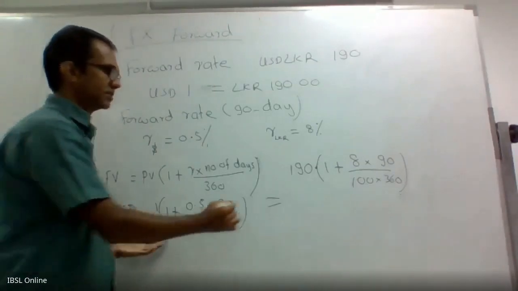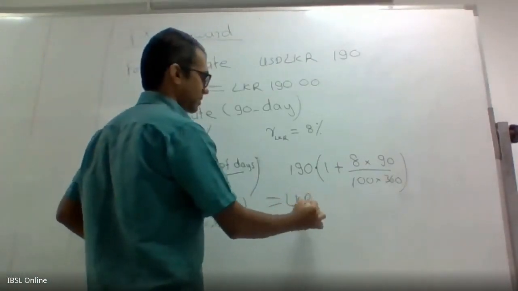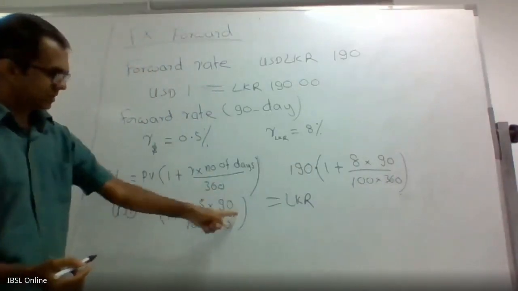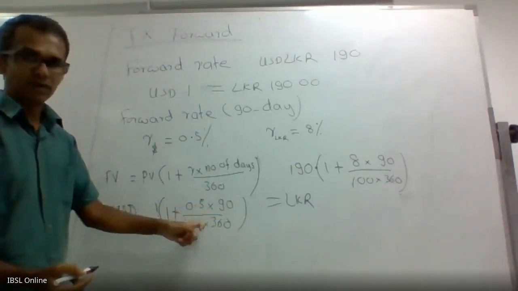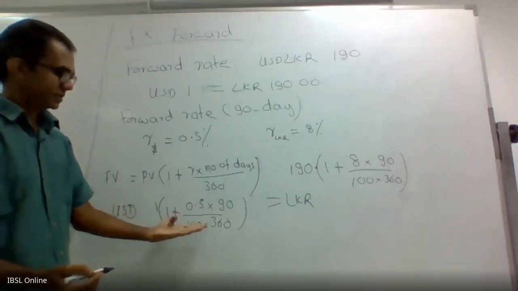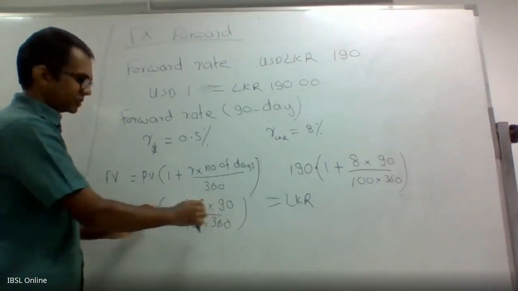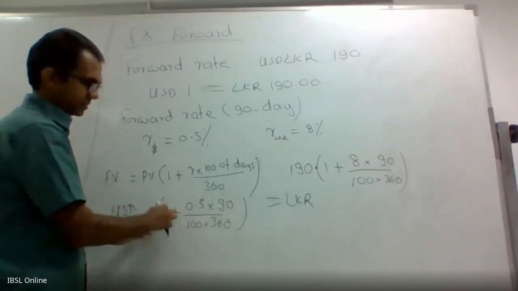This is in dollars, this is in LKR. Now here you have more than $1. To make it 1, we can divide both sides by this part.